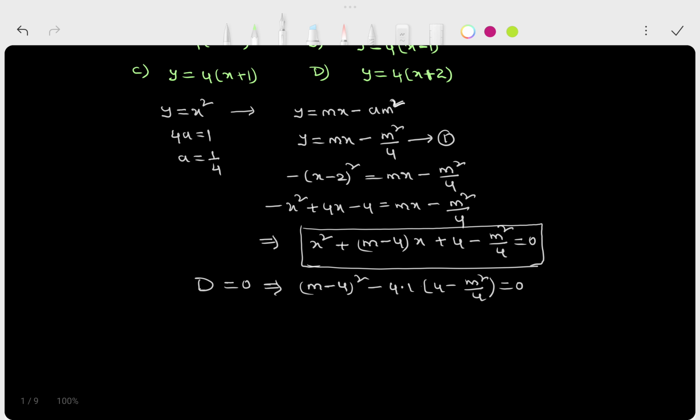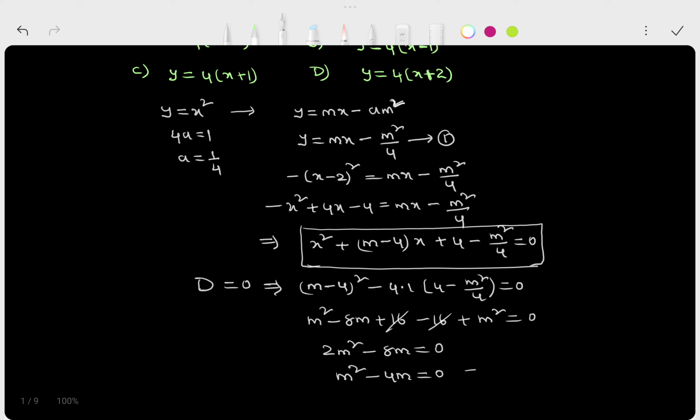Now you simplify: m² - 8m + 16 - 16 + m² = 0. Here +m² and -m² would cancel, so this is 2m² - 8m = 0. Dividing by 2, it becomes m² - 4m = 0.